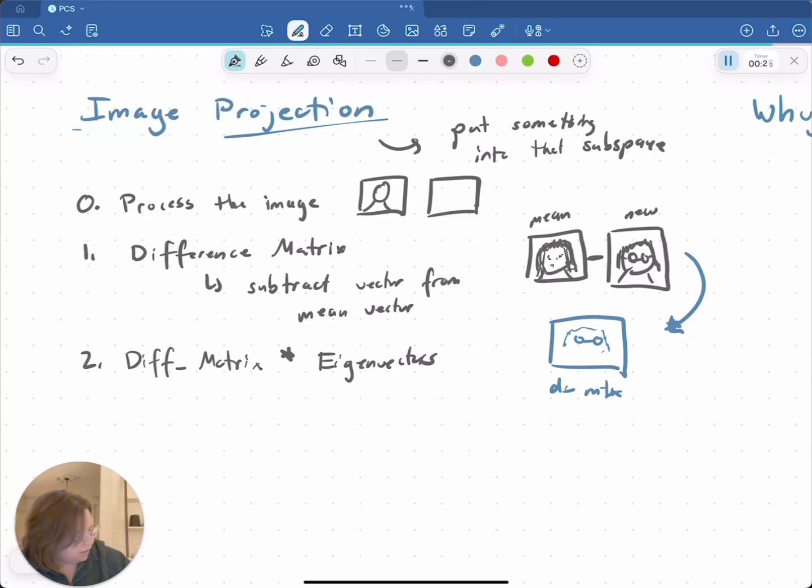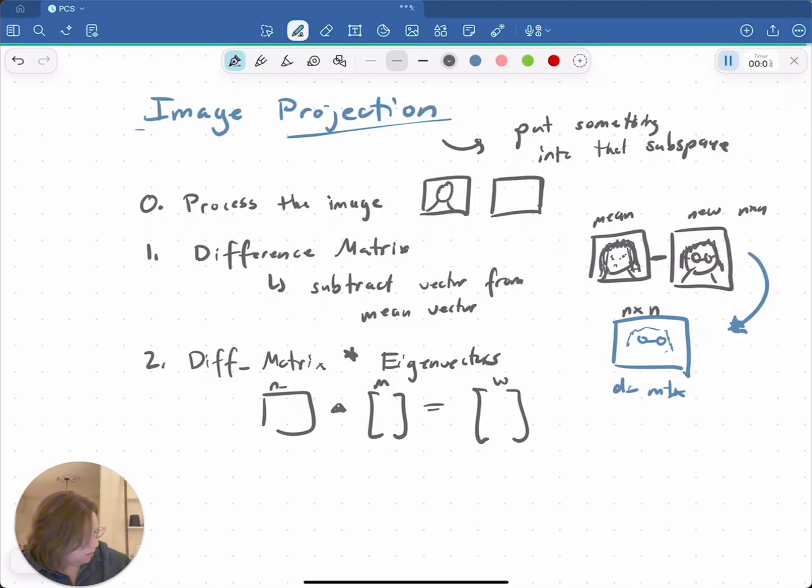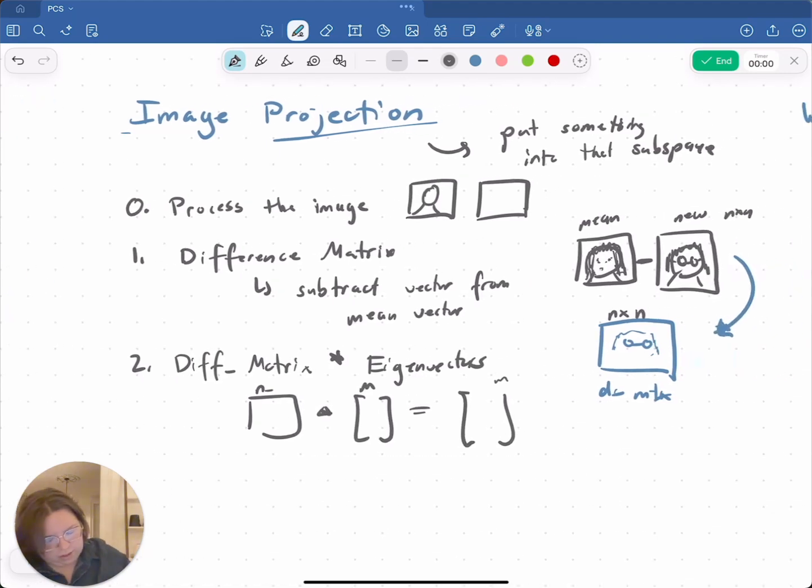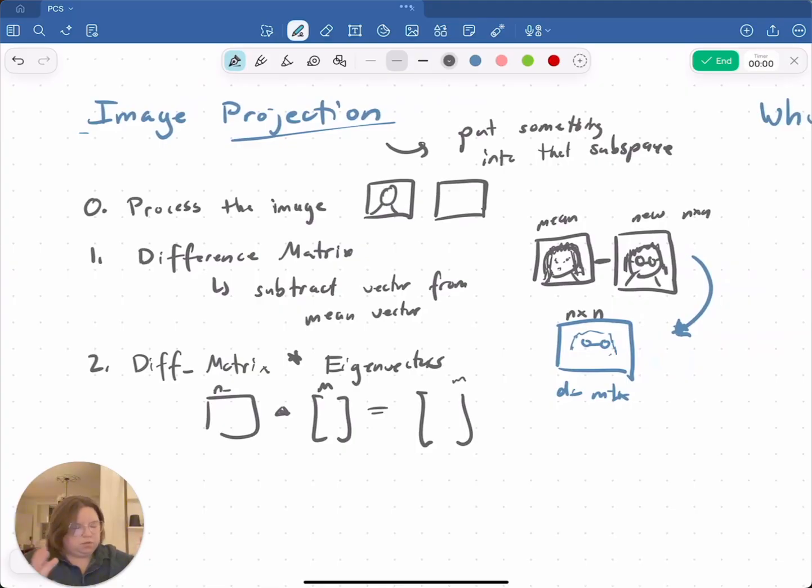Because this is still going to be the same size, an n by n here, what that does is take our new image times whatever our m dimensions are and gets our weights, which is going to be the same size as our matrix of eigenvectors. These are the weights of this image for each of those eigenvectors. So how much does each one do?